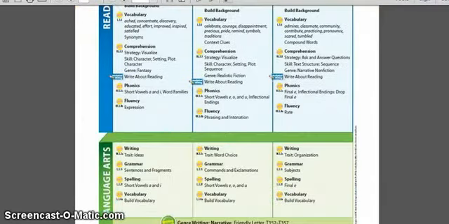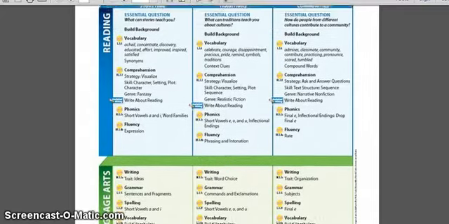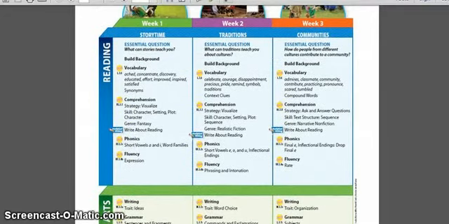When I'm talking about looking at the big picture, one of the things that you want to do with your program is look at how it's laid out. I can look right here at this unit planner for the first 3 weeks of the program, and I see that they're going to spend some time teaching vocabulary, specific time teaching comprehension, this is third grade by the way, phonics, fluency, then writing, grammar, and spelling.